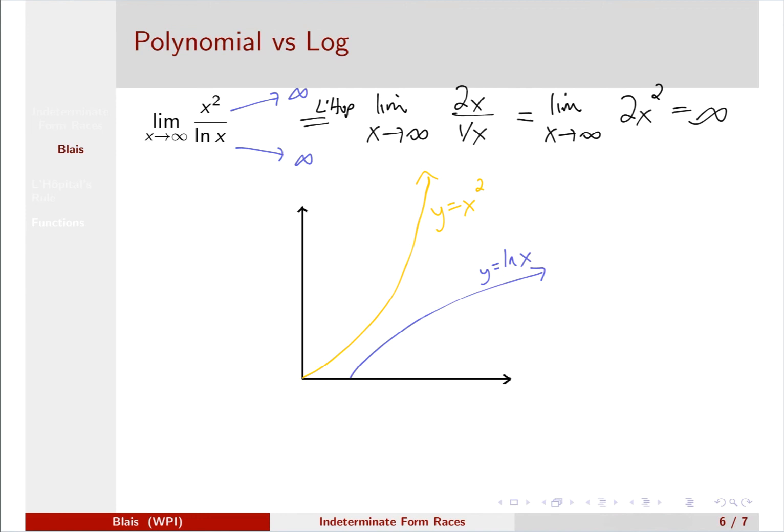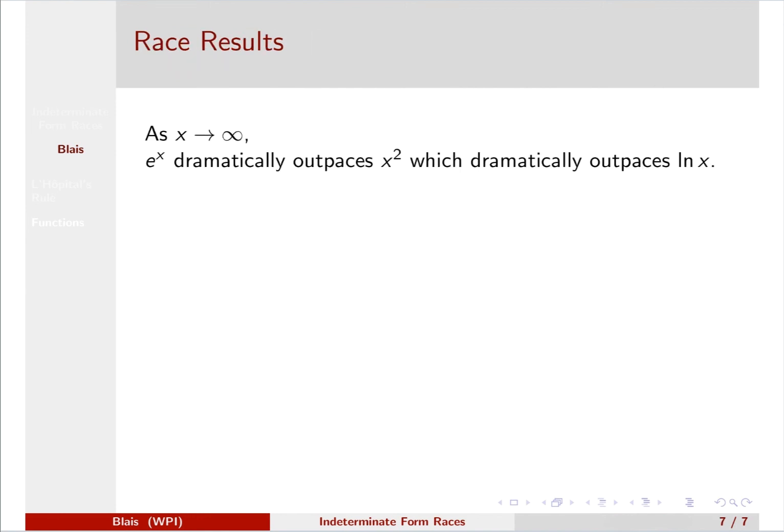And so this gives us our hierarchy. As x goes to infinity, we know exponentials are the fastest, and those outpace x squared, which is our polynomial, which outpaces logs.